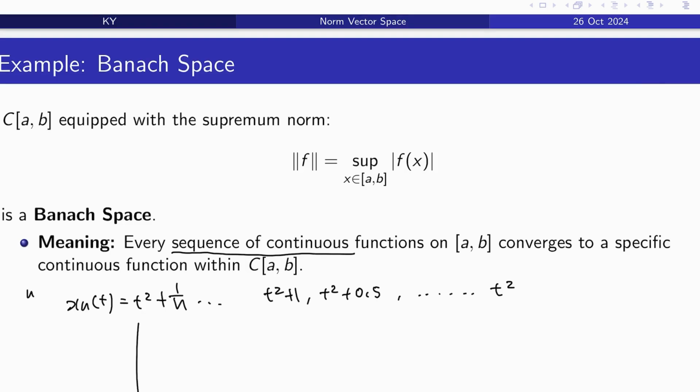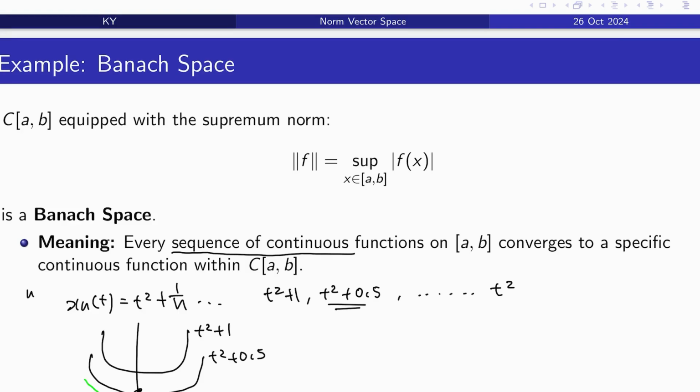Let's say you put it in your visual R2. You have an interval between a and b, and you're starting from this first term, then you take your second term, and it converges to a specific continuous function within C[a, b].